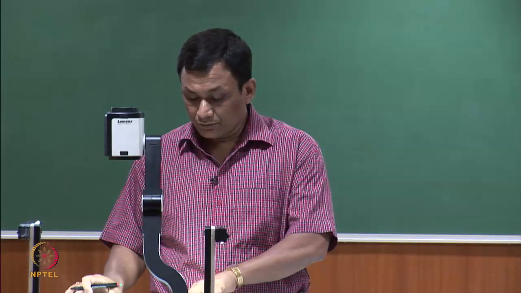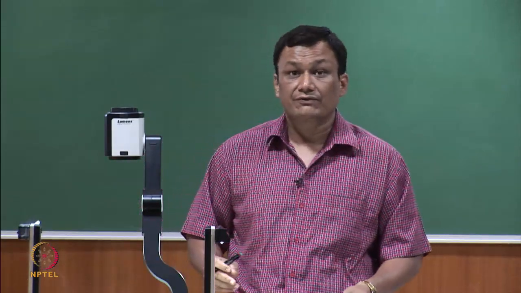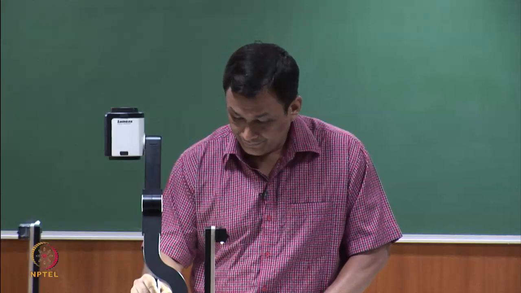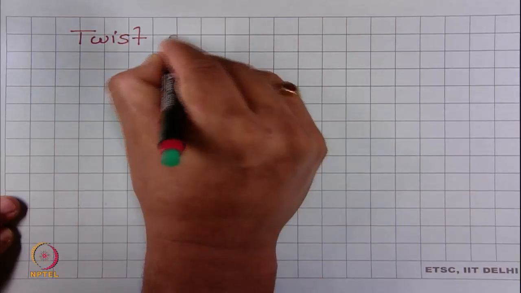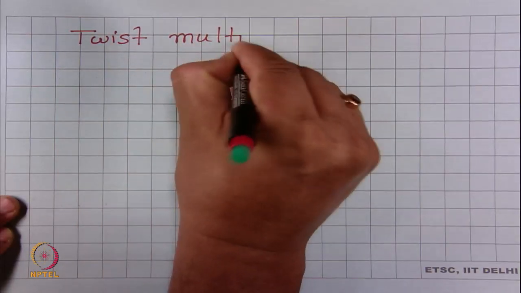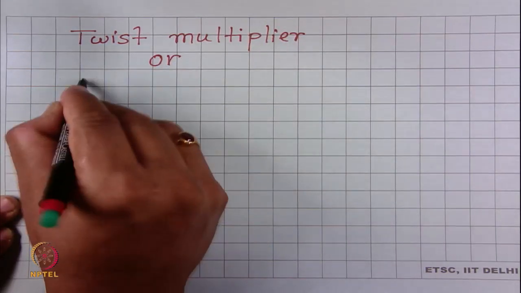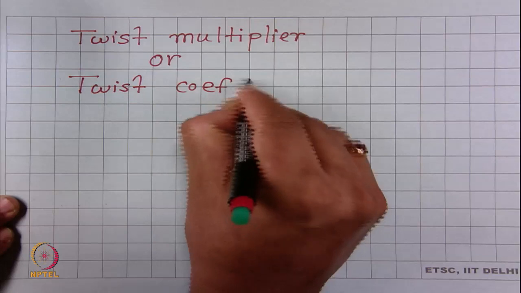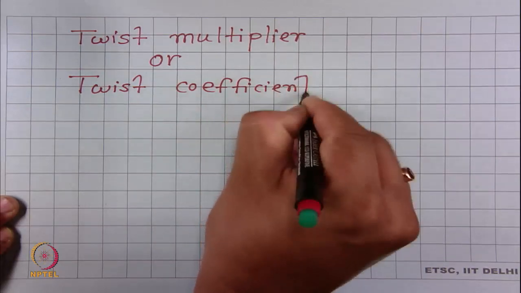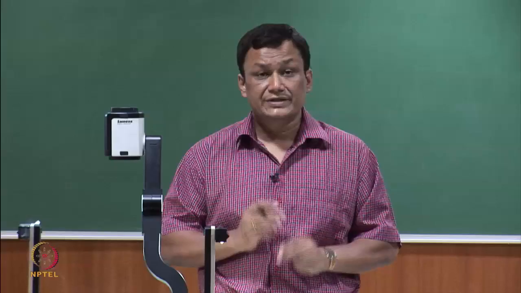Right. So, now we will come to our last characteristic of yarn, that is twist multiplier or twist coefficient. Sometimes we use the phrase twist multiplier, or sometimes twist coefficient, they mean the same.